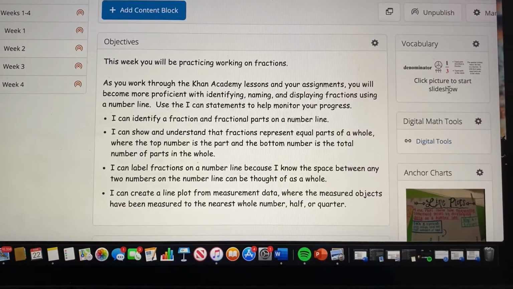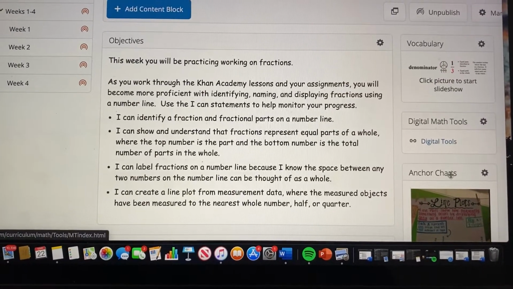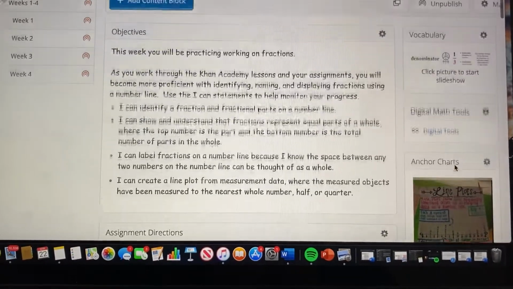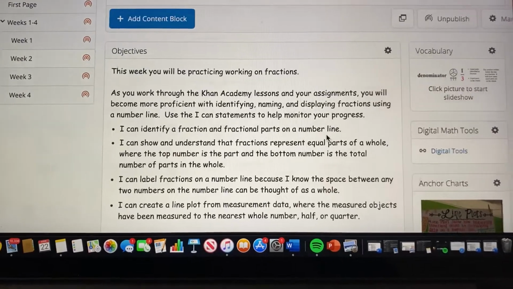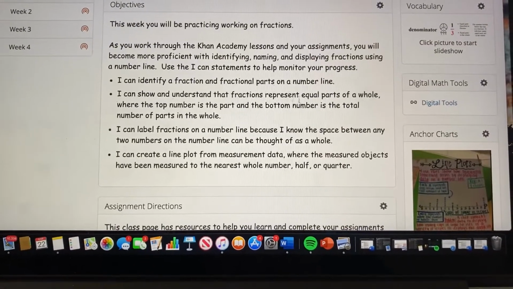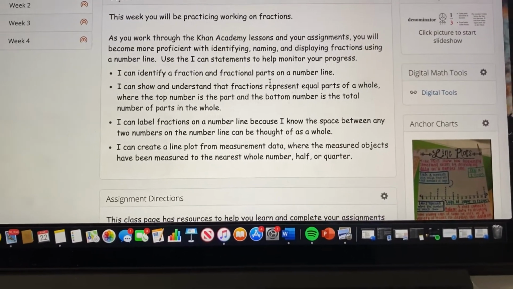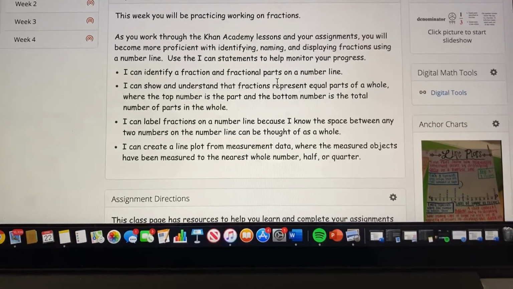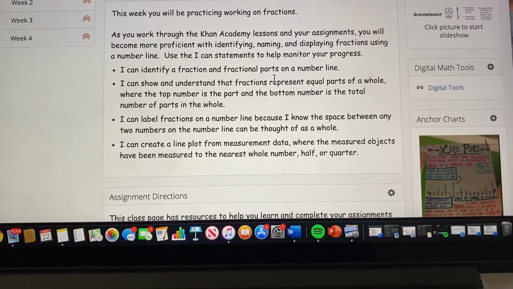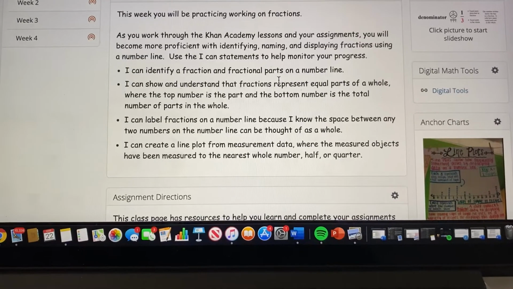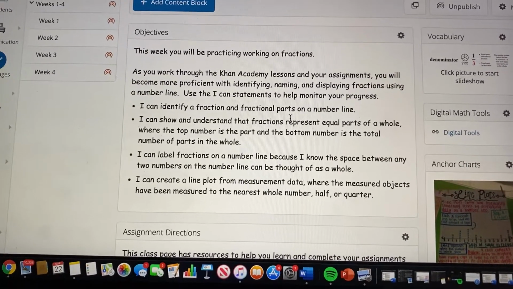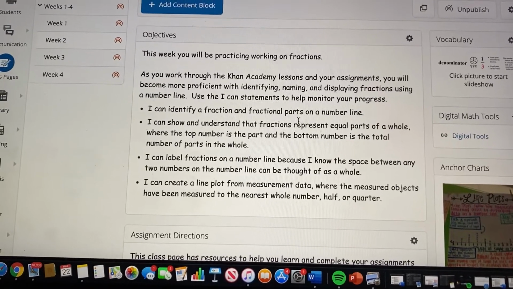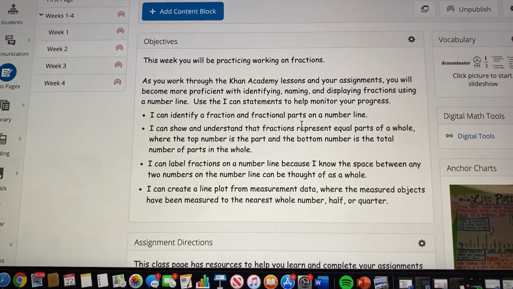On the right hand side, you have your digital math tools, some anchor charts, and the vocabulary. But you guys should know by now what the denominator is, the numerator is, what partition means, and what a fraction means. If you guys want to write the definitions down below and comment, I would suggest doing that. And then I can see if you guys actually understood it.